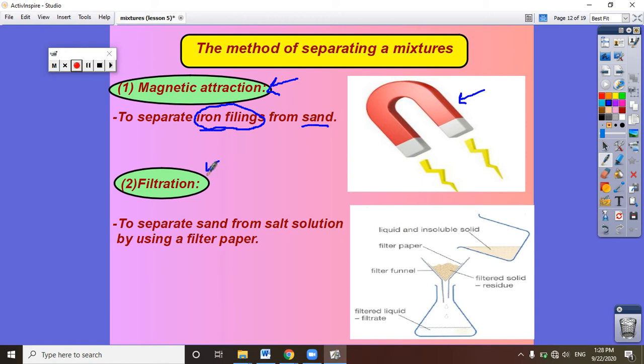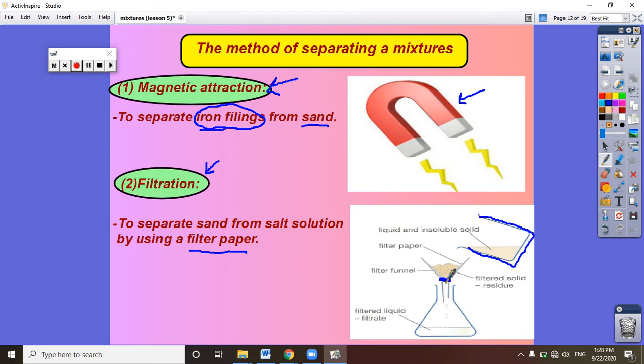Number two, filtration. We use filtration to separate a sand and water mixture. Here I have in this beaker a sand and water mixture, and in this funnel there is something called filter paper.